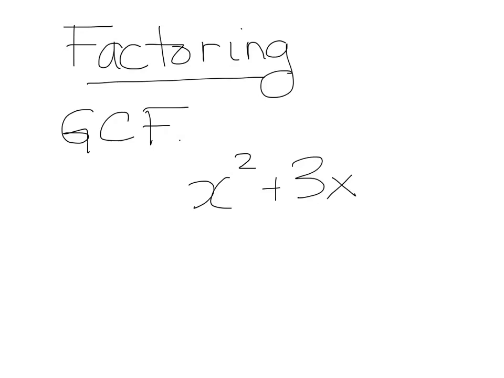And both of those terms have an x. So we're going to factor out the x. That means it goes in the front because I choose to put it in the front. And it multiplies by a parentheses for what's left behind. What's left behind in this first term is just an x, of course. And you still have plus what's left behind in the second term, the 3. So always remember to look for the greatest common factor whenever you have it.